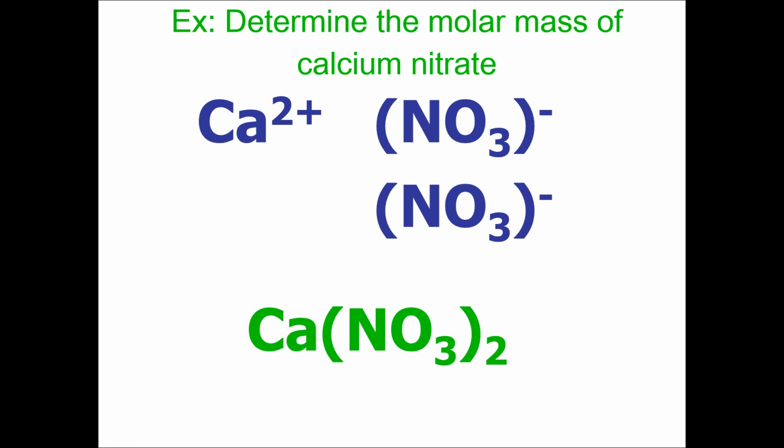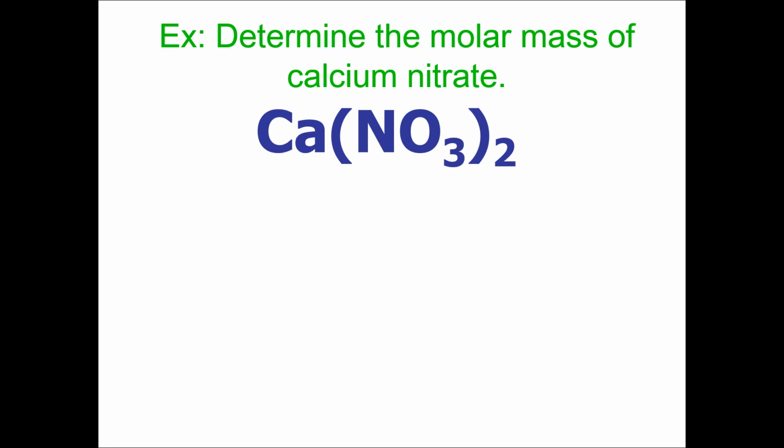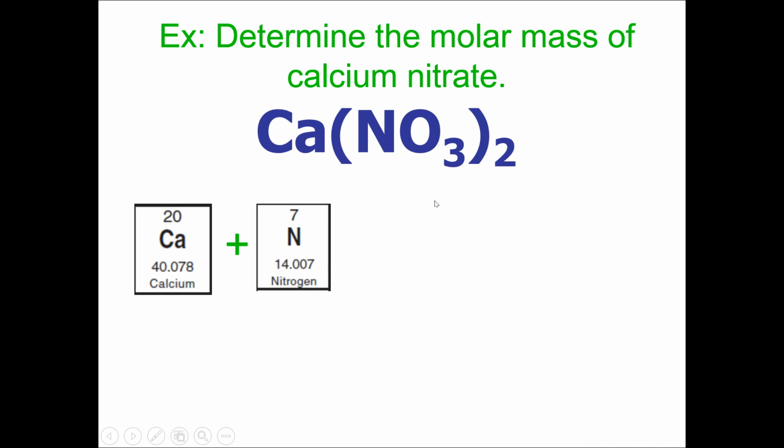If you want to go ahead and hit pause and try to calculate a molar mass, that might be a good idea too. So as we determine the molar mass for calcium nitrate, we start off by looking for calcium on the periodic table, not to be confused with carbon, which is just C. Calcium has a mass of 40.078 grams per mole, and you need to then determine the mass of nitrogen.